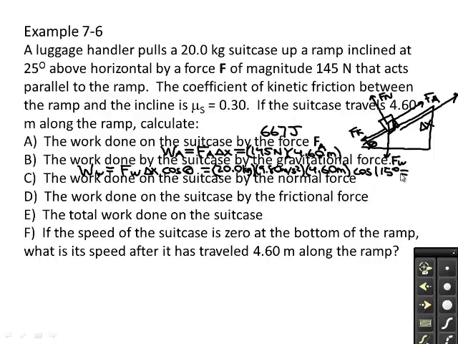Okay? So trusting the equation for a moment, 20 times 9.8 times 4.6 times the cosine of 115 gives us an answer of negative 381 joules.